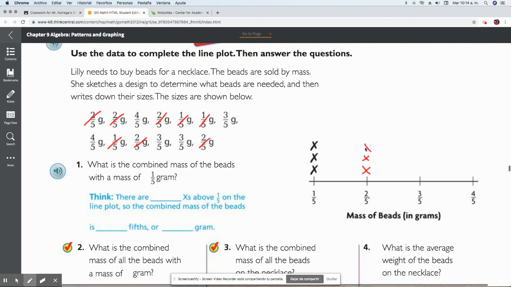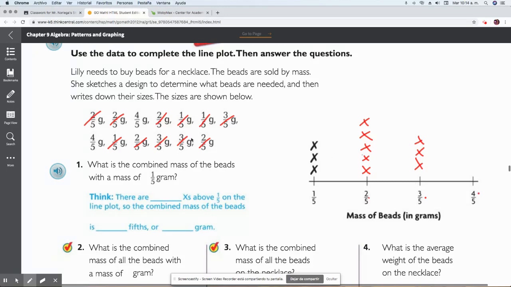Now moving on to the next fraction, 3/5. 1, 2, 3. So 3 x's on top of 3/5.